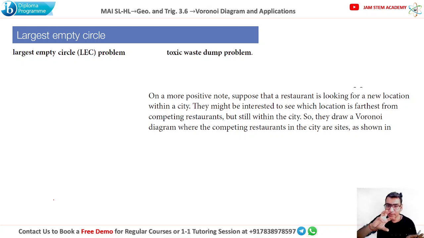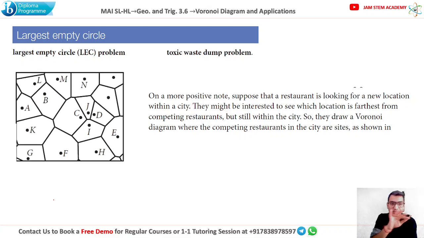And we can find that largest empty circle, and the center of that largest empty circle will be our solution for that work. So for example, this is the Voronoi diagram, where sides, edges, vertices, everything is given, and we are trying to add one more cell to it.